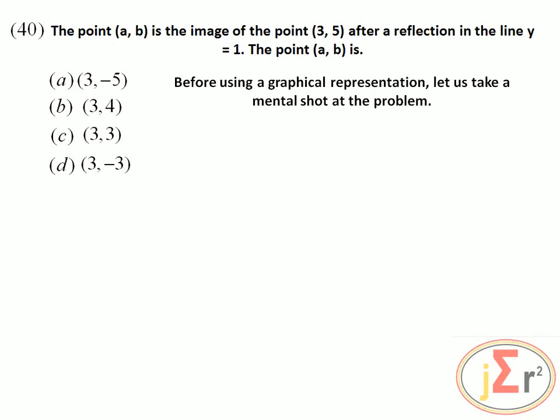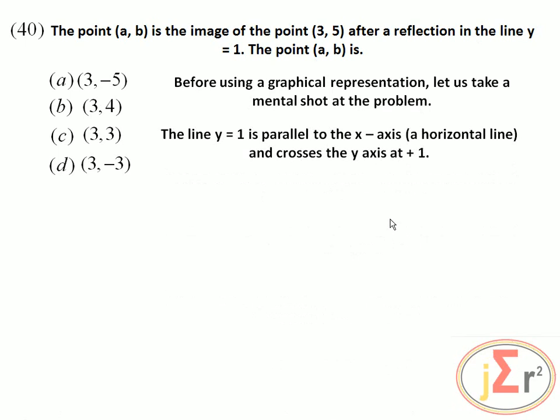But of course, to do it in our minds, we have to have a good idea of what the system looks like, and what the line y is equal to 1 looks like. The line y is equal to 1 is parallel to the x-axis, and the x-axis is a horizontal line.